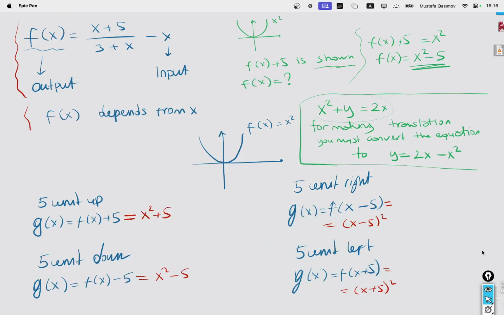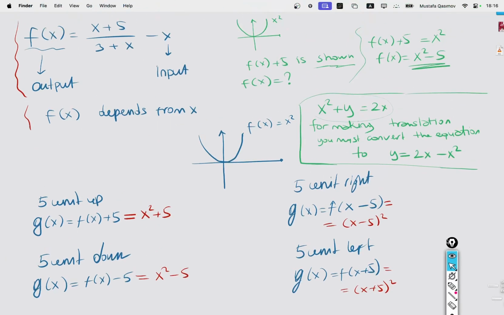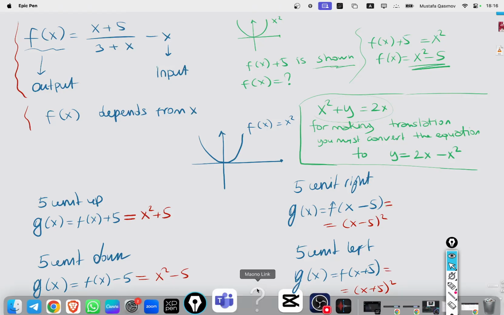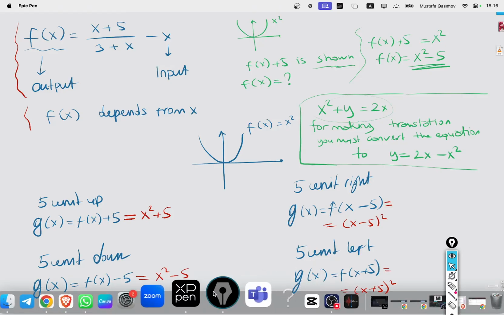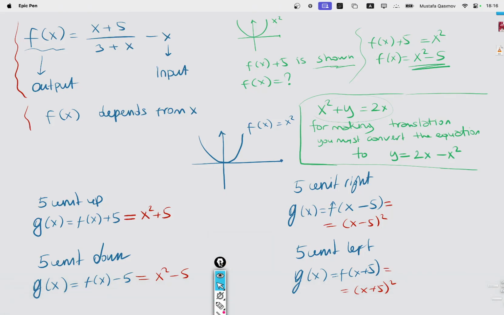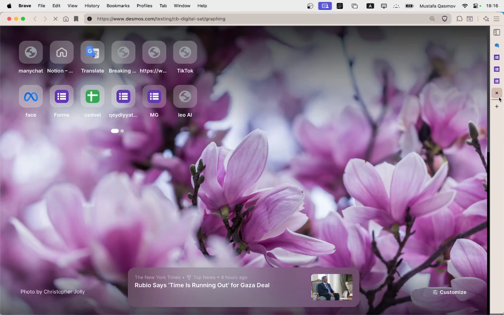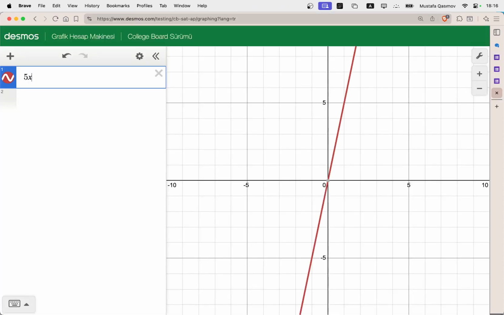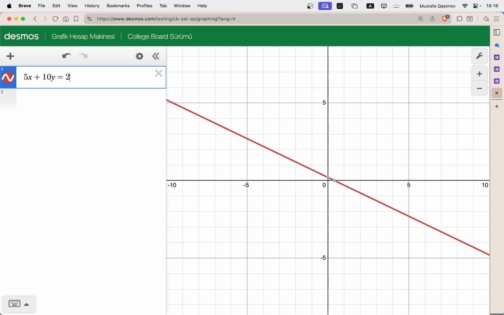Okay, now I want to give you an example. Let's say that we have a function like this: 5x plus 10y is equal to 20.